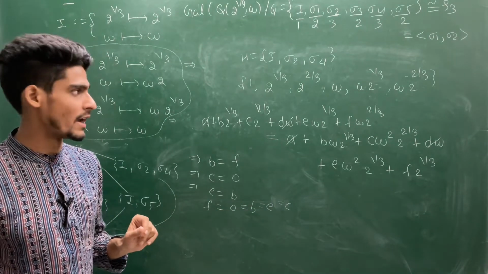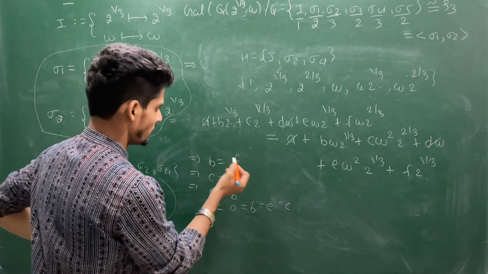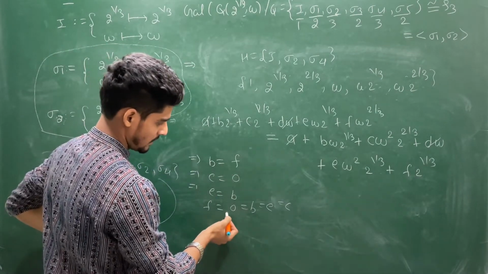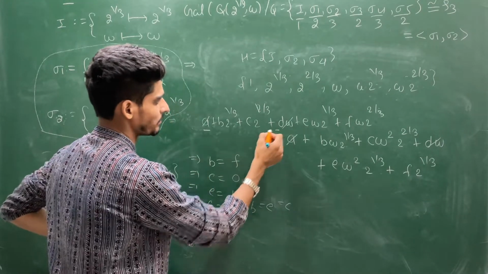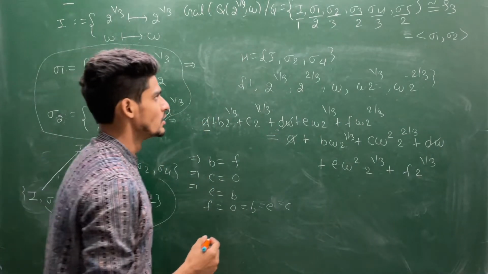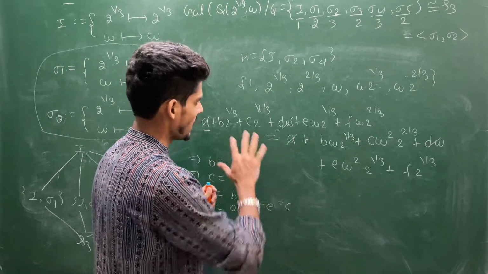So A and D you are having. That means this sigma 2 can fix this rational A and this D term. It can fix only this one. So let me write here. I am removing this part.